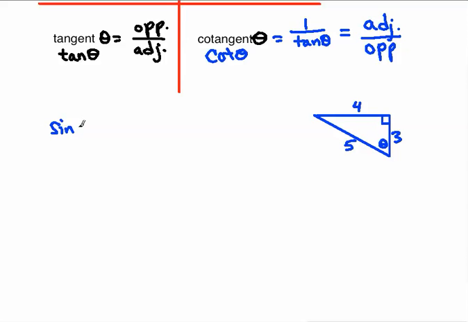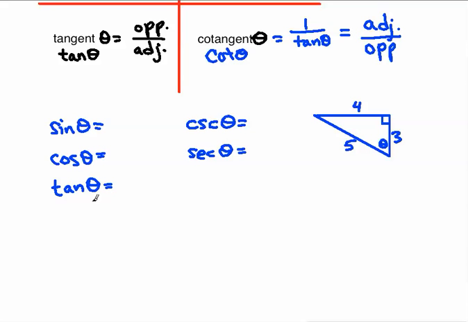So I need to find sine of theta, cosine of theta, tangent of theta, and then sine is related to cosecant theta, cosine is related to secant theta, and then tangent is related to cotangent of theta.